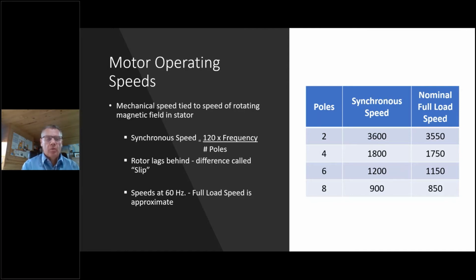And in the case of what I've identified here as a two-pole motor, it's not unusual to see 3550 or somewhere thereabouts on the nameplate of the motor. In the real world, it probably is fairly insignificant if you're doing calculations on gearboxes.